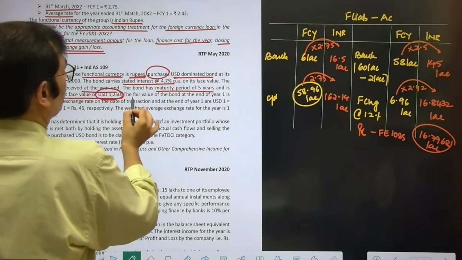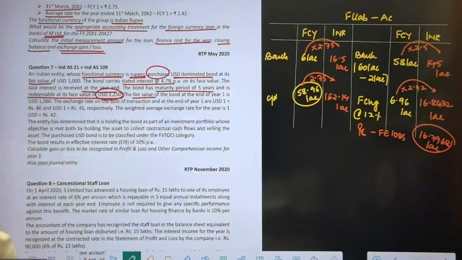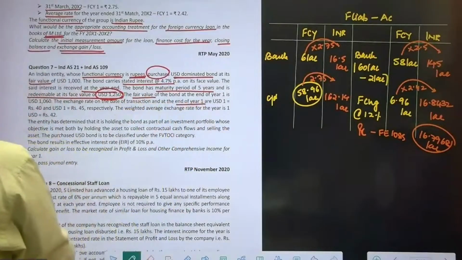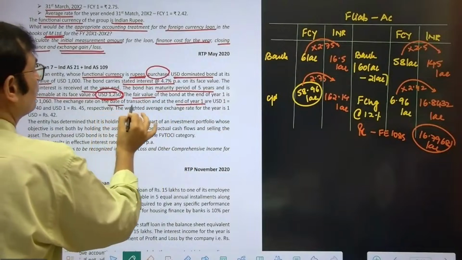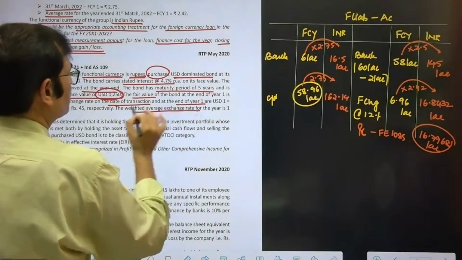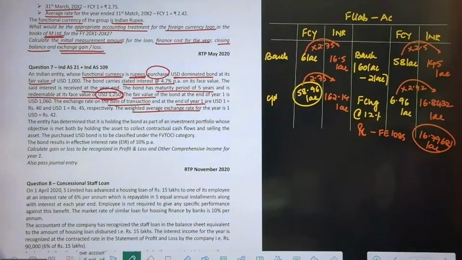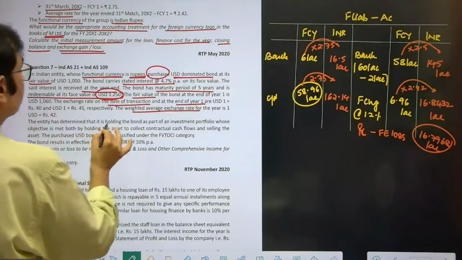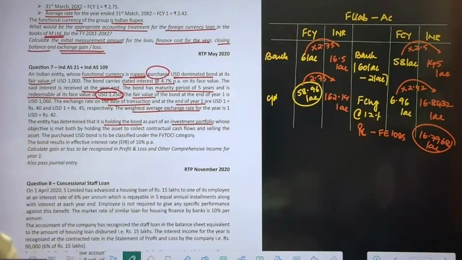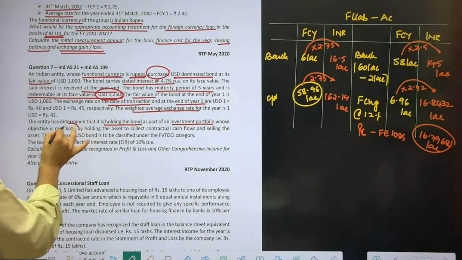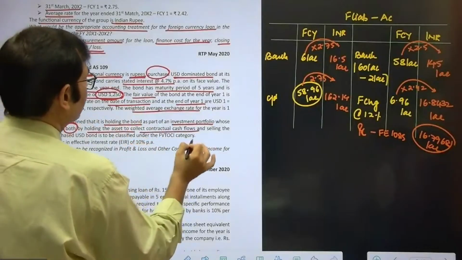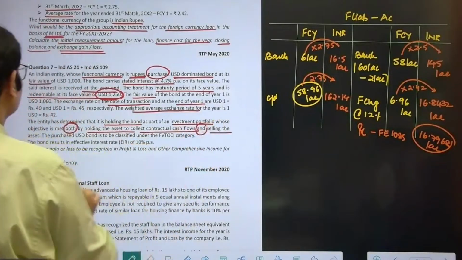Then we are given the fair value of the bond at the end of the year, and the exchange rate at the end of year one is given, and the exchange rate on the date of transaction is given, and we are also given a weighted average exchange rate for the year. Then he says the entity determined that it is holding the bond as a part of the investment portfolio whose objective is to meet both, holding the asset to collect the contractual cash flows and selling the asset.